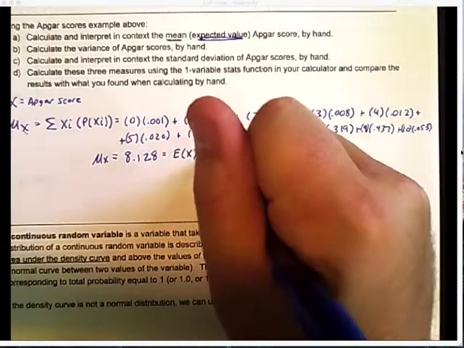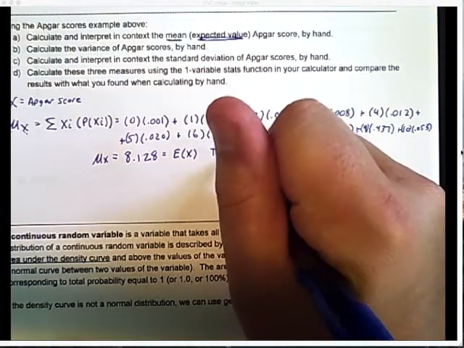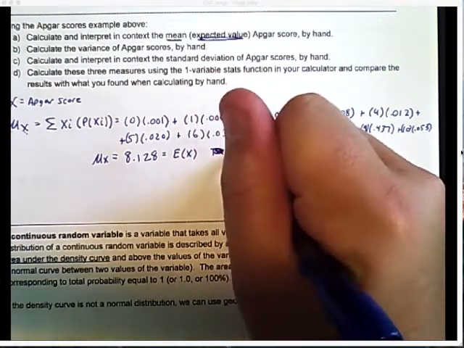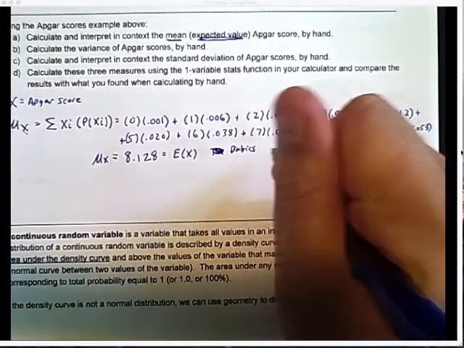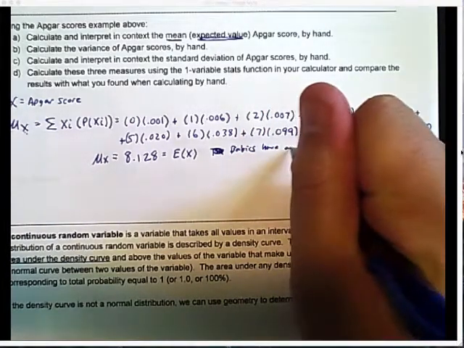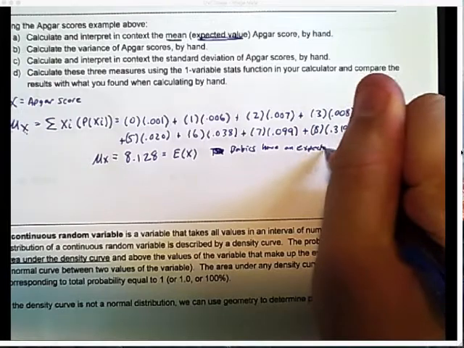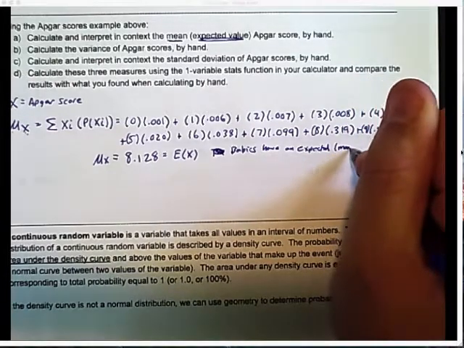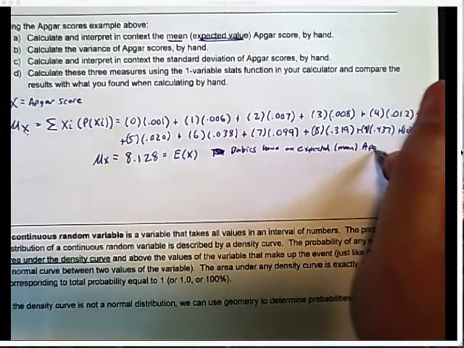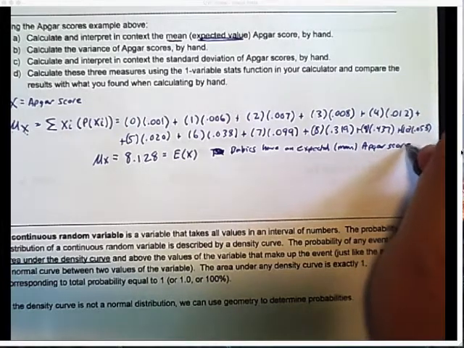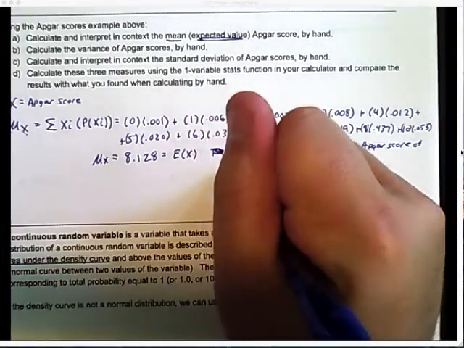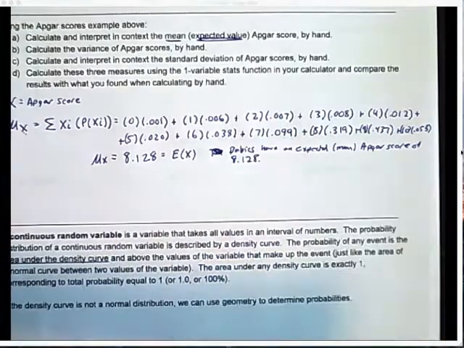So here, newborn babies have an expected, or mean, APGAR score of 8.128. Okay.